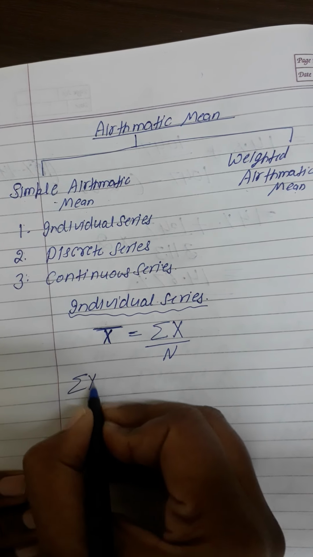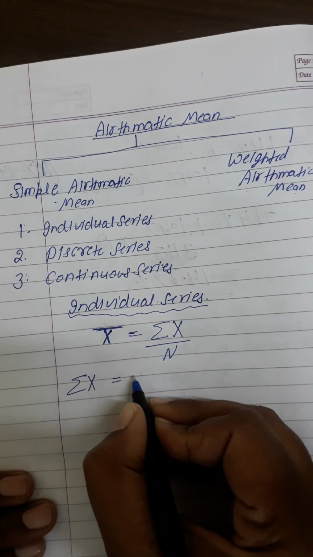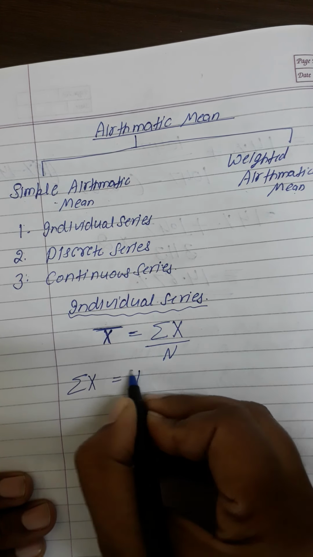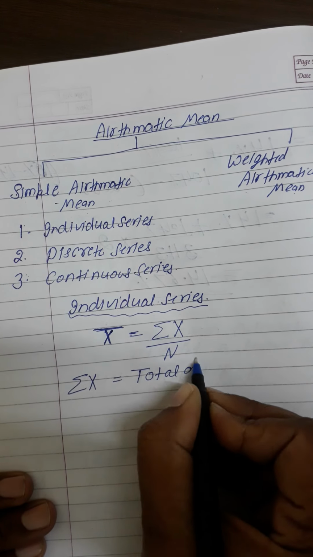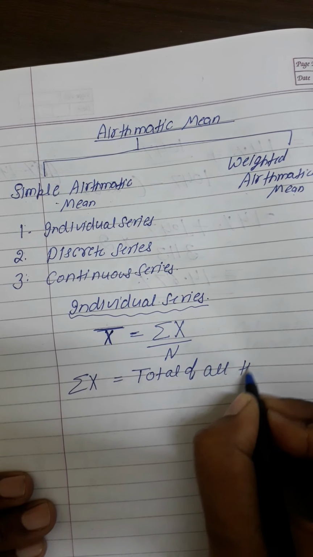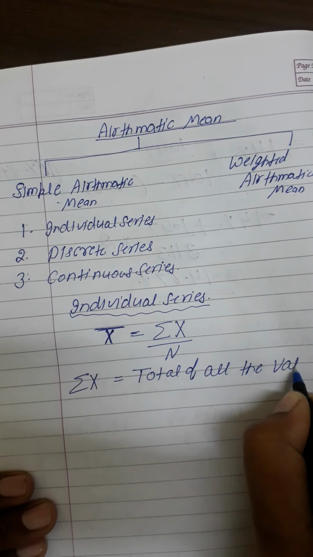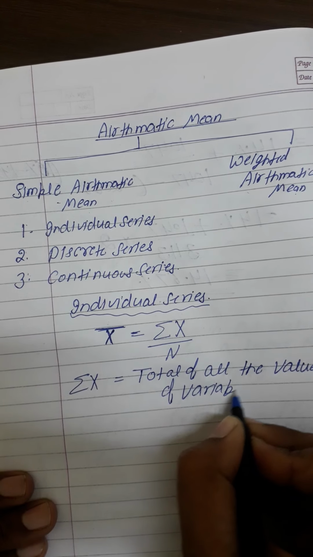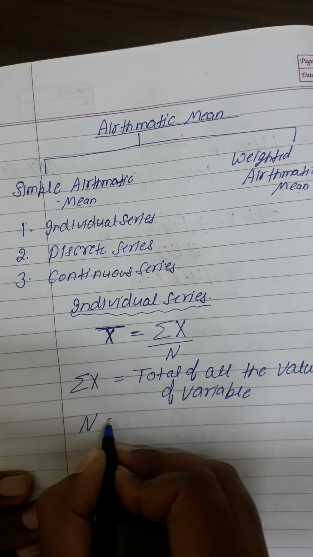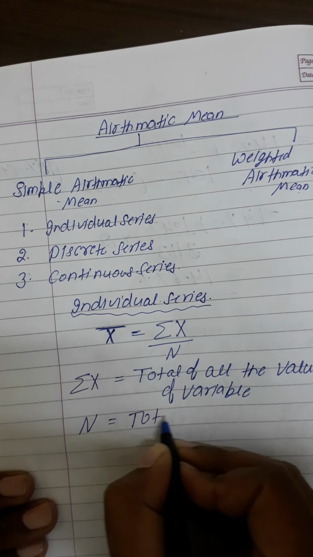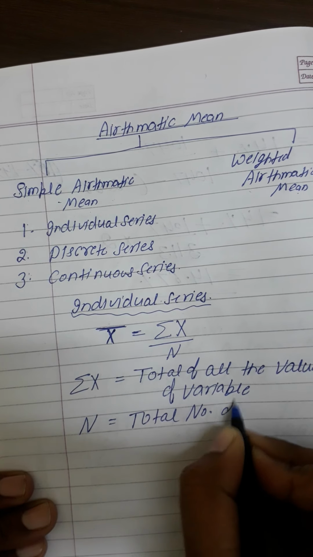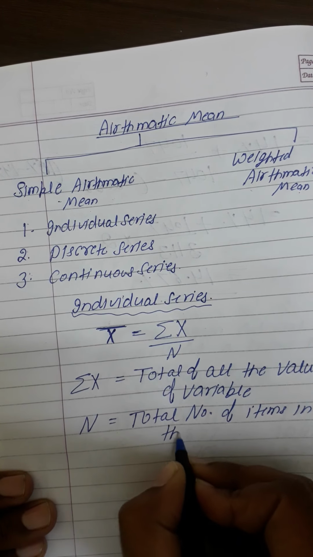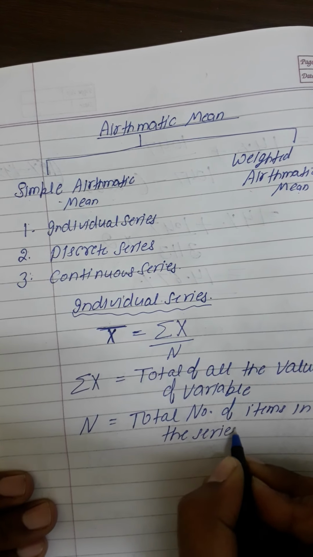Summation x is the total of all the values of variable and n is the total number of items in the series.